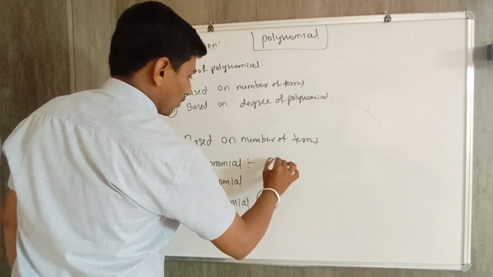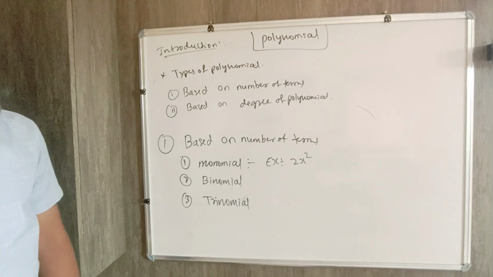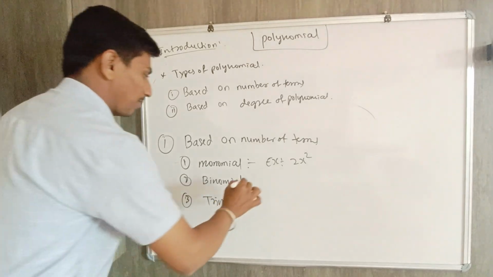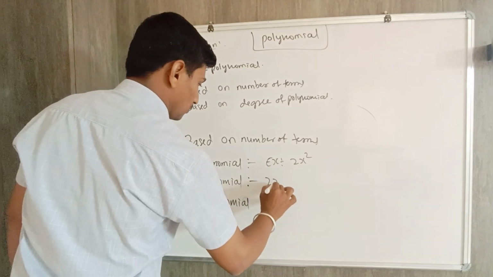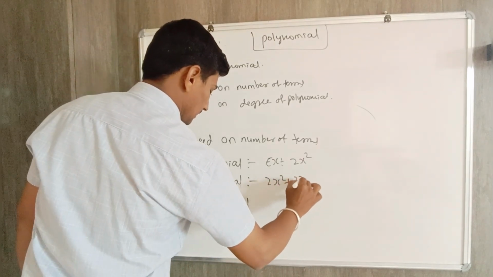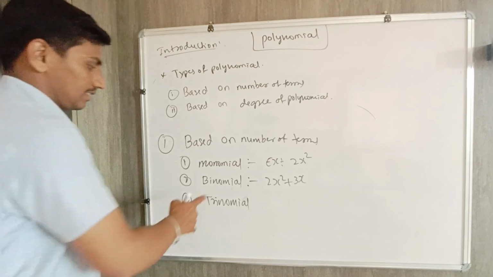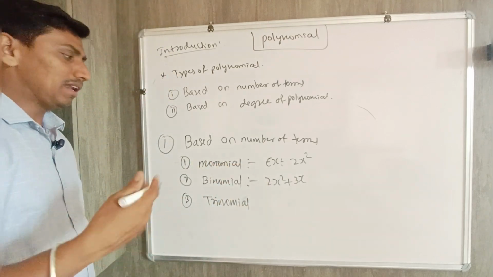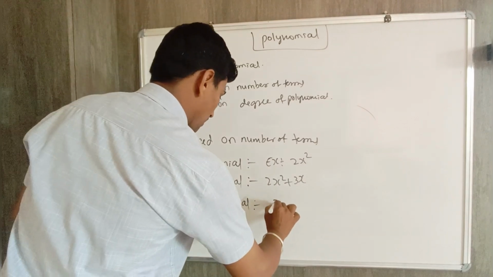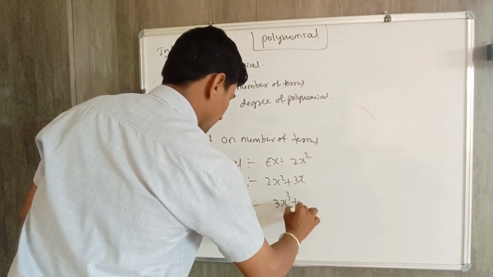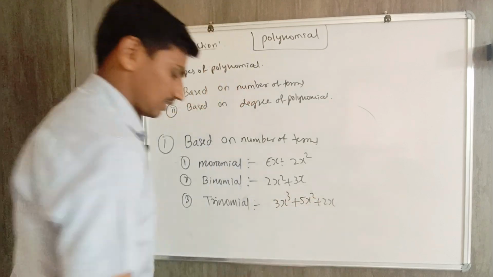The example of monomial is 2x square or 2x. An example of binomial is 2x square plus 3x. Example of trinomial is 3x cube plus 5x square plus 2x.